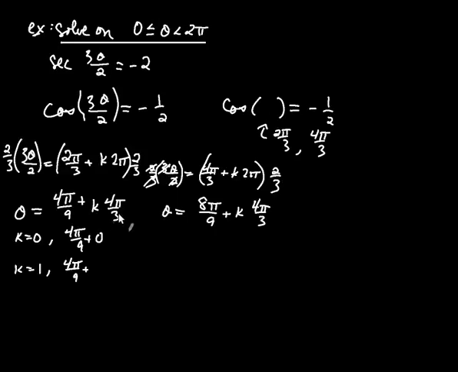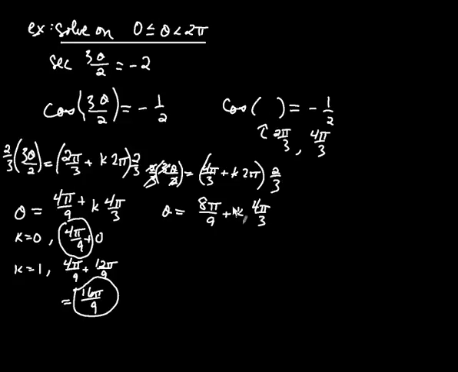When you multiply top and bottom by 3 to get a common denominator, that's 12 pi over 9. When you add those together, you get 16 pi over 9. And we just barely made it, because 16 pi over 9 is a little less than 18 pi over 9, and 18 pi over 9 would be 2 pi. So we have one solution, 4 pi over 9, and a second solution, 16 pi over 9.